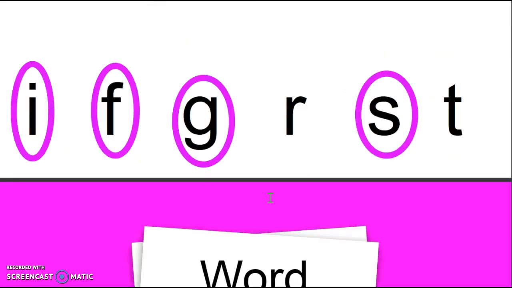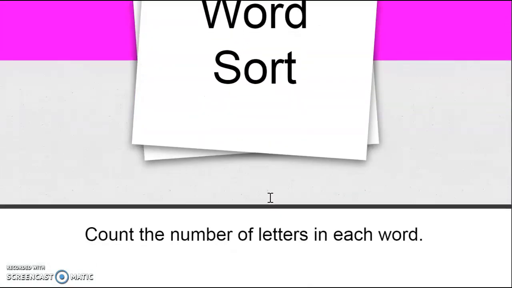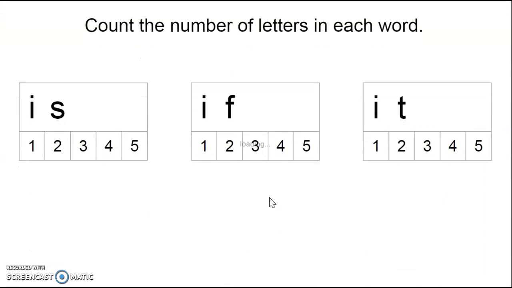Figs. Okay. Our next section is word sort. We are going to count how many letters are in each word. Our first word is is. Is has I-S. How many letters are in the word is? We have I-S. So therefore it is 1, 2. Is has 2 letters in it. Our next word is if.